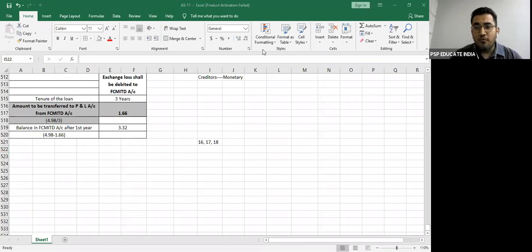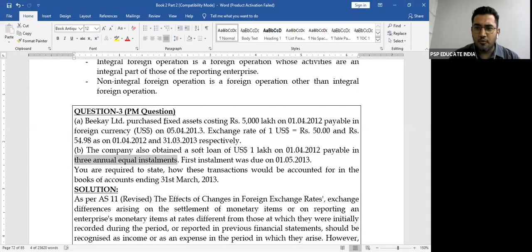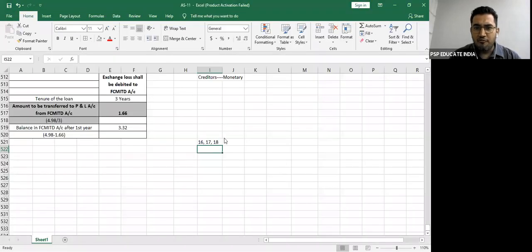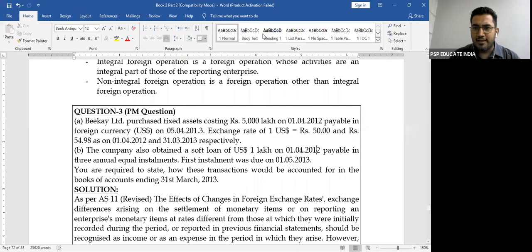Okay, I have one doubt which says we paid the first installment in 13-14. Let's look at the question. Did we do that? Spruha, if you could look at the question carefully, I think we repaid the loan in 13-14. Don't you think so?